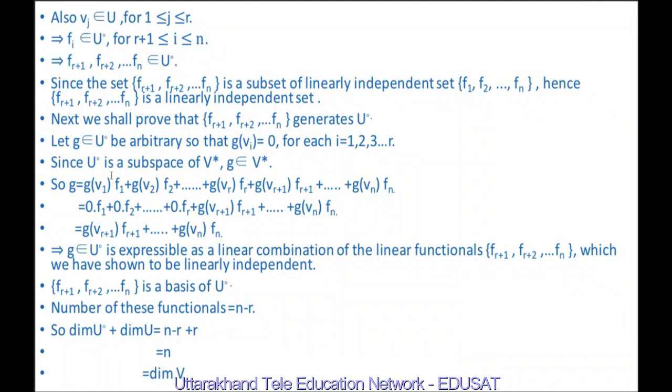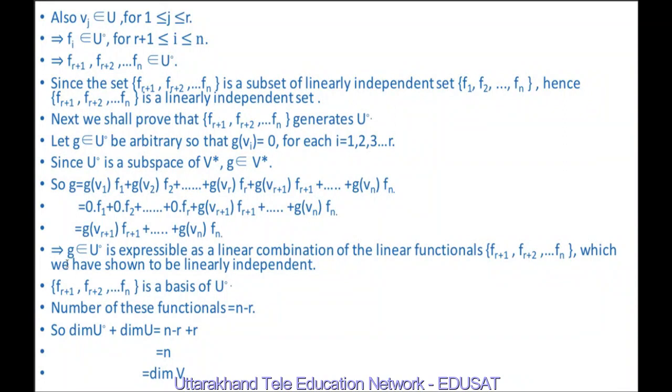But g(v1) is equal to 0 here, because g belongs to U dot, the annihilator. So g(v1) equals 0, g(v2) equals 0, up to g(vr) equals 0. So we are left with g(vr plus 1) f(r plus 1) plus ... plus g(vn) fn.